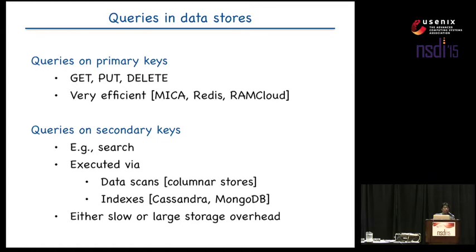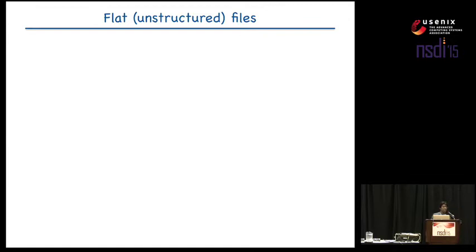So I'm going to go deeper into why this is true. But let me take a step back and forget everything that I told you about primary keys and secondary keys. Let's consider a simpler problem to understand this slow versus high storage overhead problem. I'm going to get out of structured data and into a very simple flat file interface.